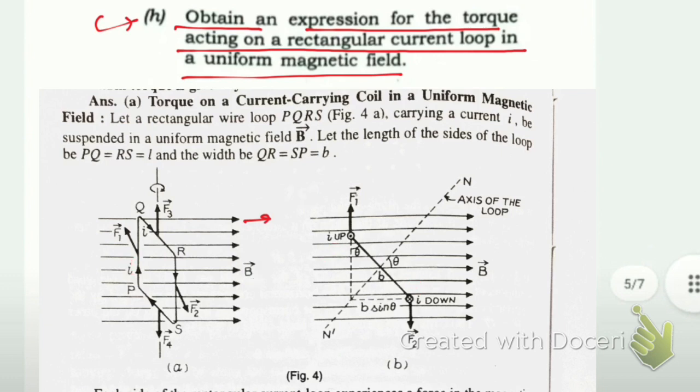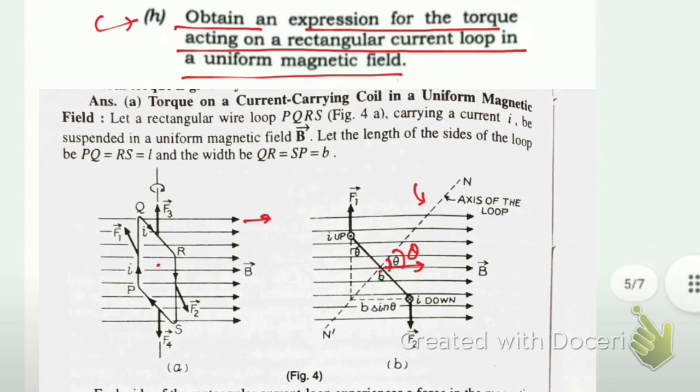And this dotted line represents a normal which is perpendicular to the plane of this coil, and at any instant it makes an angle theta with the magnetic field B. We have taken it that way.